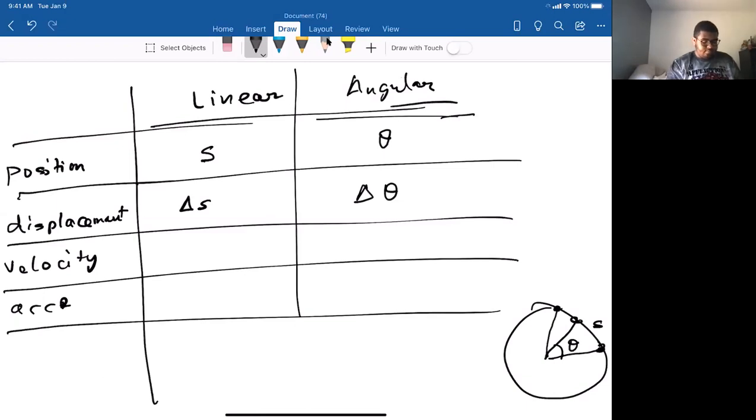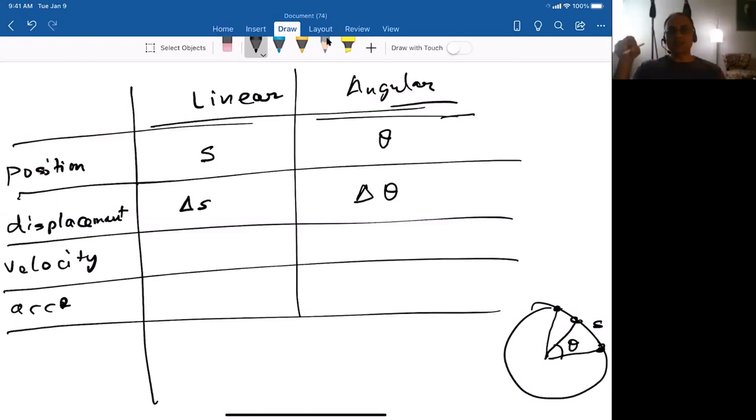Velocity, the speed at which it's moving along the circular path, that is the tangential velocity, which is v, right? I could write v sub t for tangential, but it's not necessary because the velocity is always in the tangential direction for an object going around in a circle. So we just call this the tangential velocity and use the symbol v.